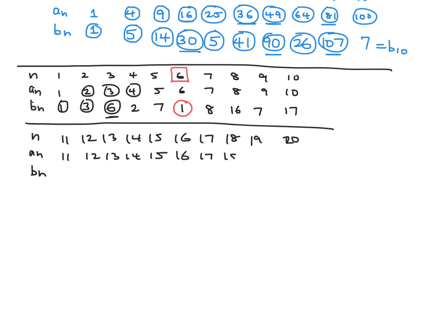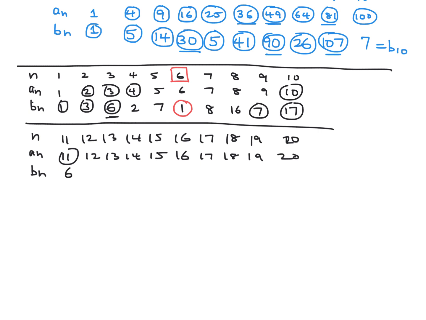So let's go through this. Okay, b_n for this row would be, let's see here. We got to compare that one and that one. I got 17. And then we got to compare that one and that one. So that's going to make it 6, I believe.